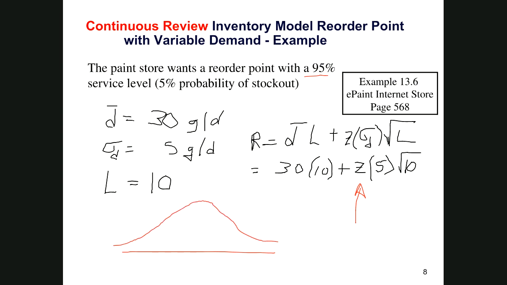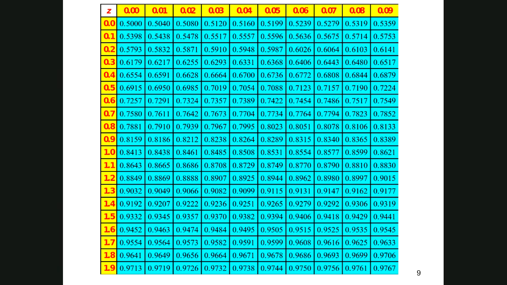So we want to find the Z value that corresponds to the fact that there's 95% under the curve to the left of this point. So that's what we want to determine. So let's go to our chart.